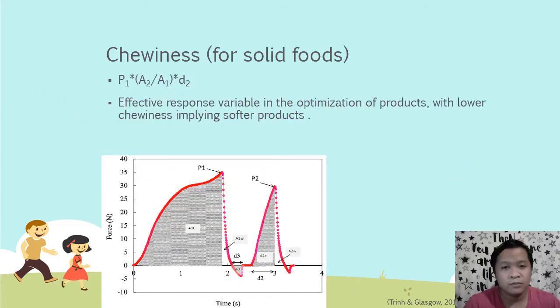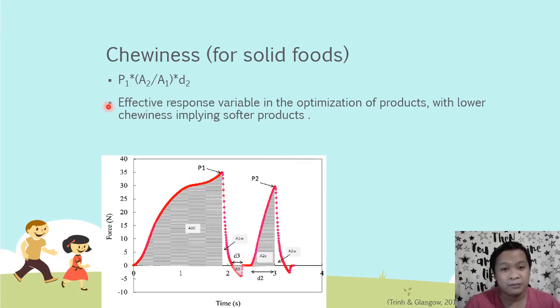Okay. Chewiness naman is used for solid food, so you either use gumminess or chewiness, but not both at the same time. If you look at how it's measured, it's pretty much the same as gumminess, except that you use D2, which is this rate measured as a function of time.